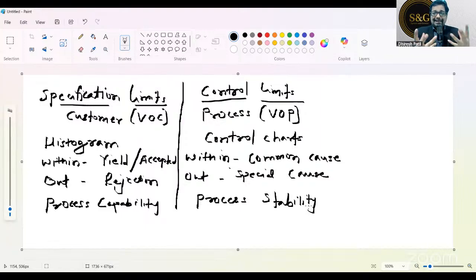Now, stability is a very important characteristic to improve the predictability of the process. I always give the example of a very cool, calm child and a notorious child. बहुत मस्तीखोर बच्चा है, and another one is a very stable child.